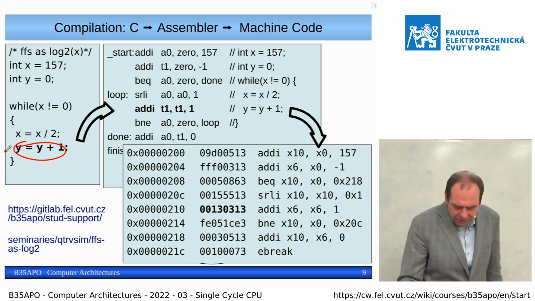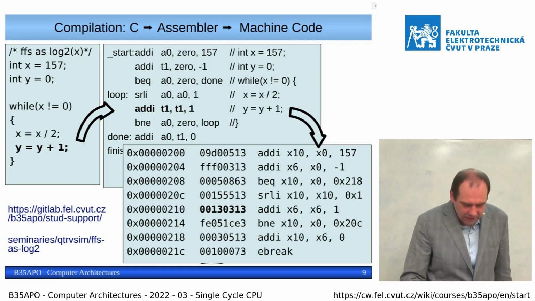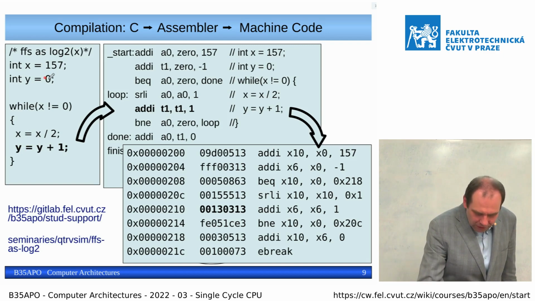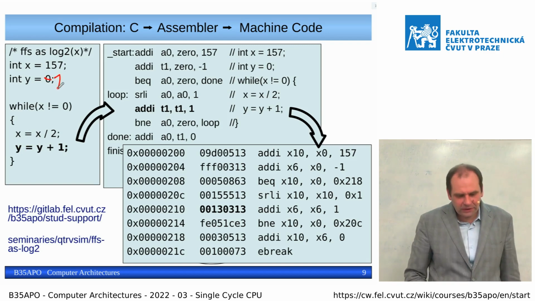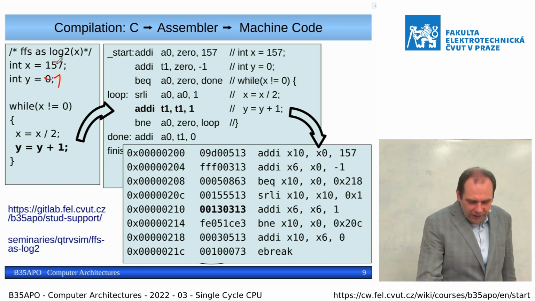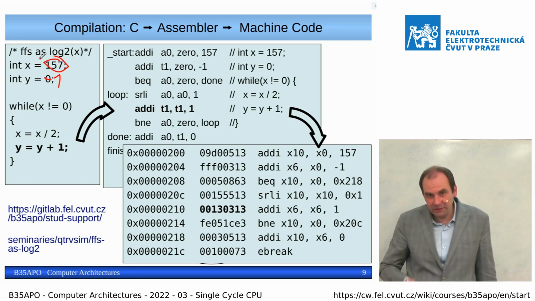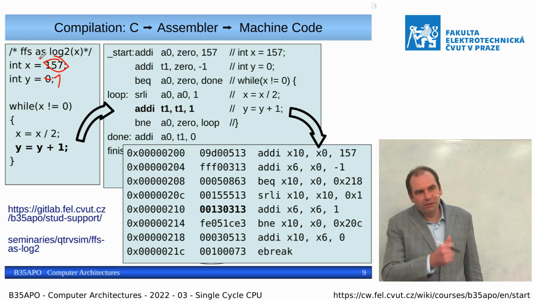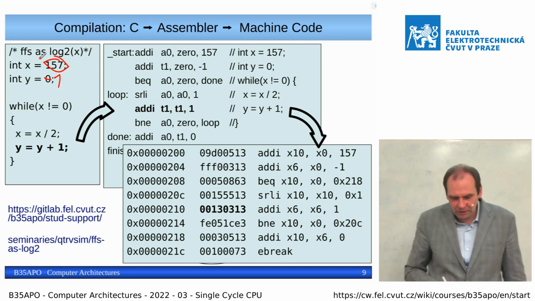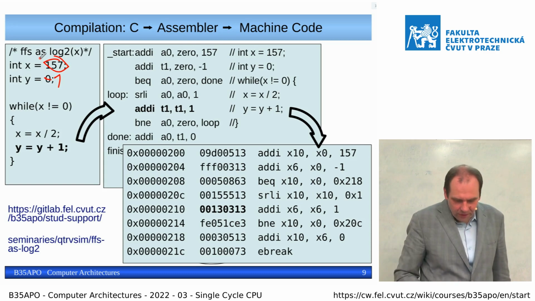And there is in fact a mistake in this code, because there should be a -1 for the start, because we want to get the value, what should be the result value for 157, if it is a bit position of the most significant bit. Try to compute it.